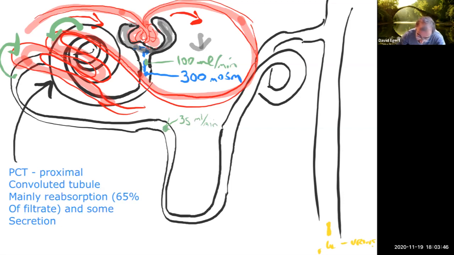And because we're reabsorbing both solute and water, we're still about 300 milliosmolar. So that is the PCT.